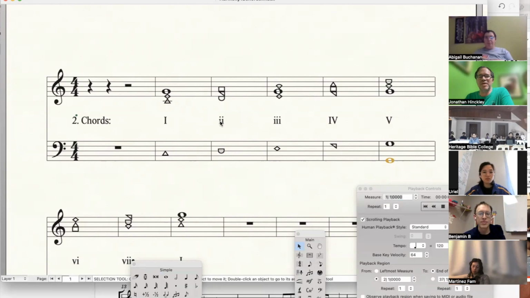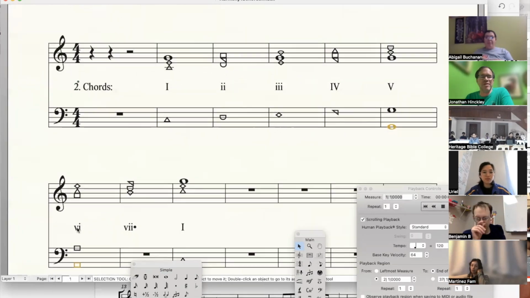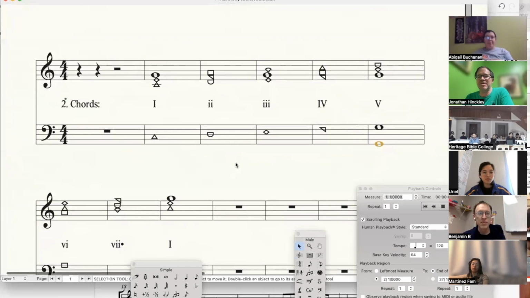So the ones that we express with the small Roman numerals are the minor chords, and we will talk about them later. But right now, what are the only major chords in this scale that we're working with? 1, 4, 5. 1, 4, 5, right? And we write them with the big Roman numerals because that means they're the major ones, okay?